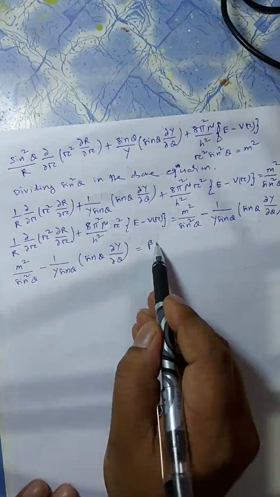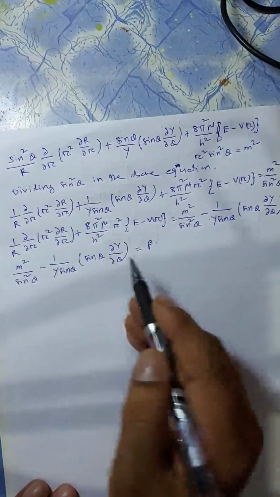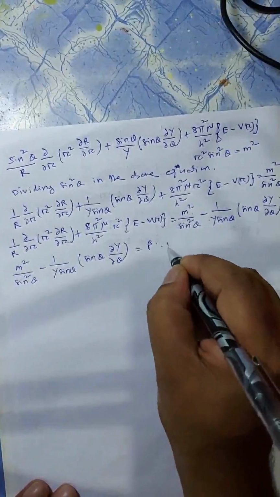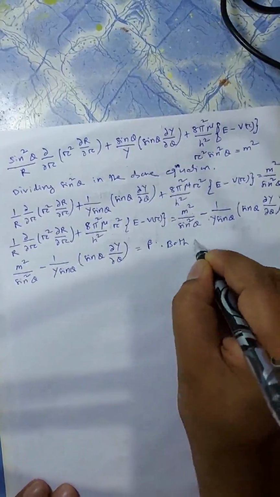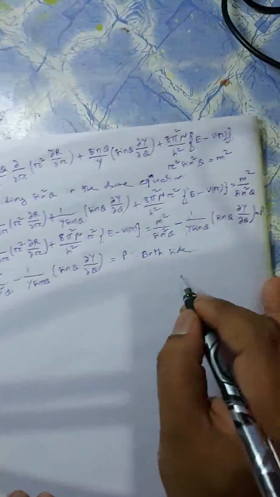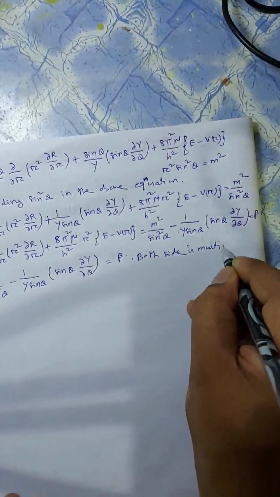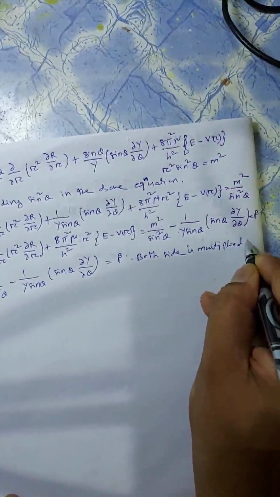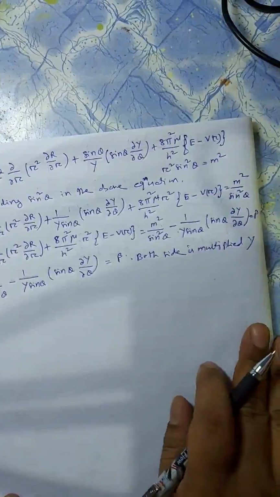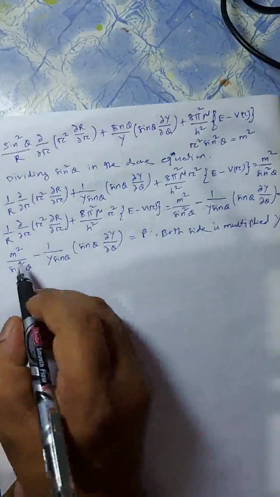Here we multiply by y, the left hand side also is multiplied by y. Both sides have to be multiplied by y. Then what happens?